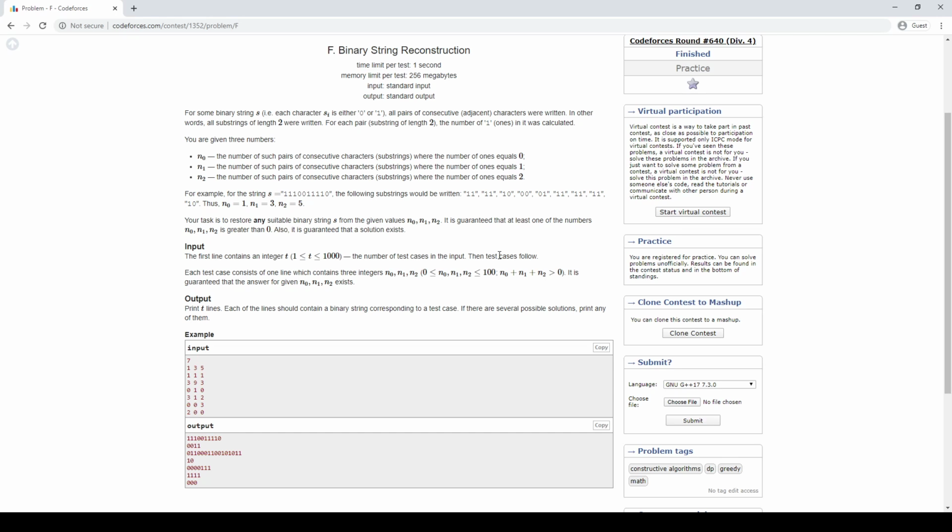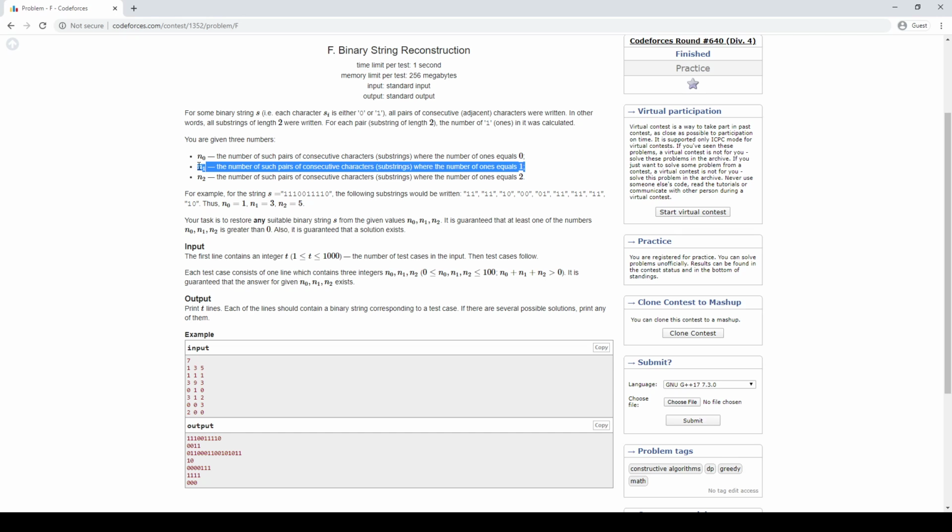So each character participates in 2 substrings, except for the first one and the last one. So I guess the number n1 is the number of times that we change from a 0 to a 1.